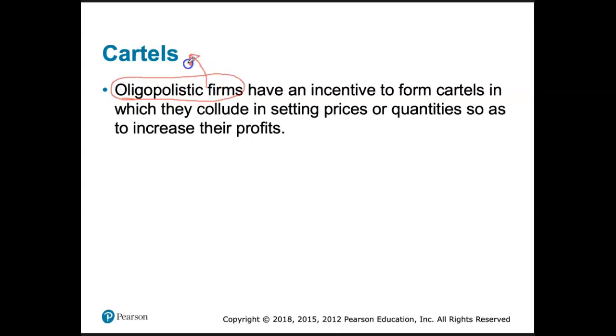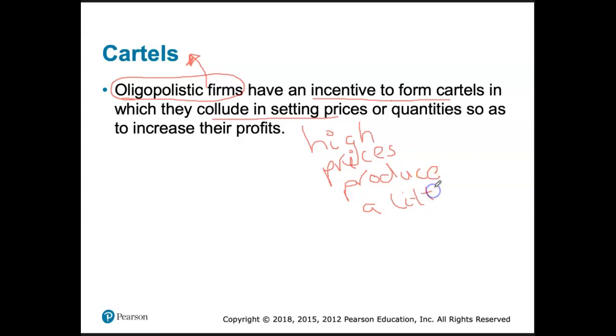They have the incentive to collude and set really high prices, produce a little, and hence increase their profits.